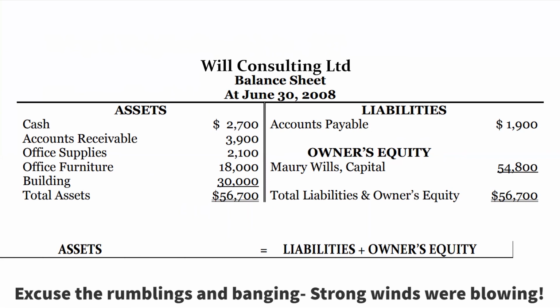Then we go to our right side, we put our liabilities. We only had one and the balance there. And then we would have taken the ending balance from our statement of owner's equity and added it here. And here we'll have both sides being balanced, showing assets equal liabilities plus owner's equity, as both are the same amount.